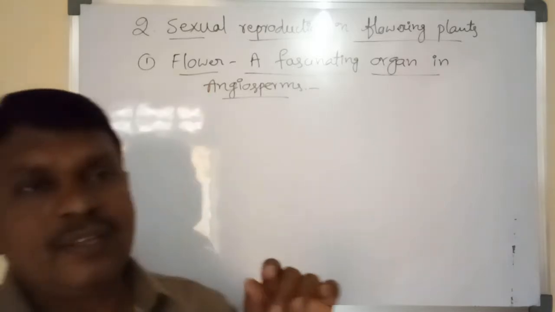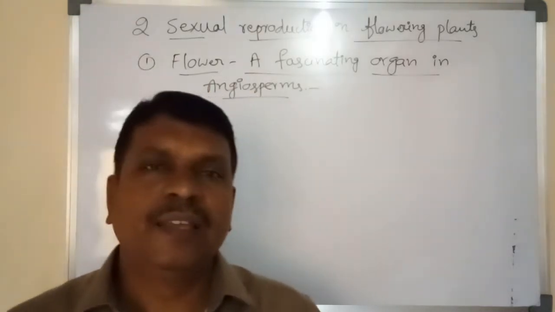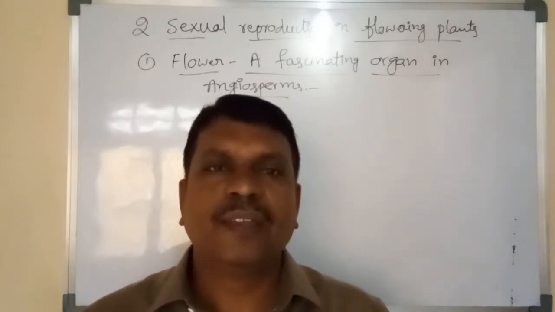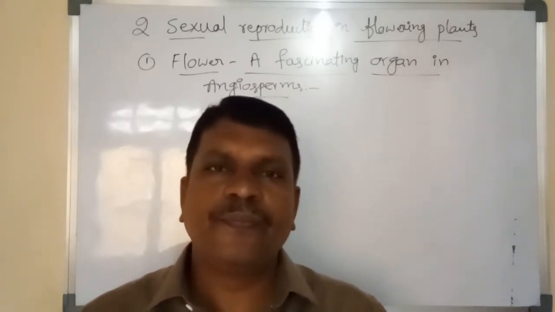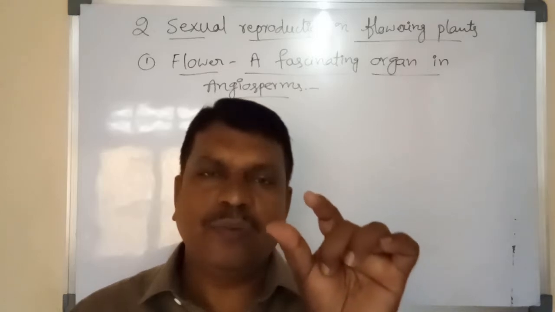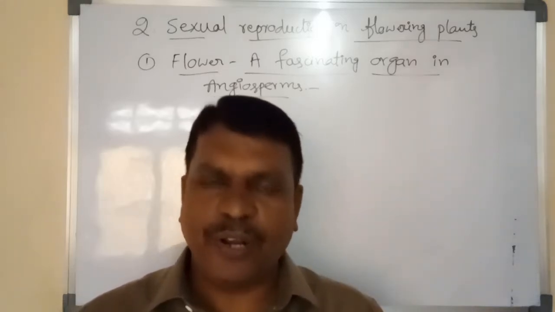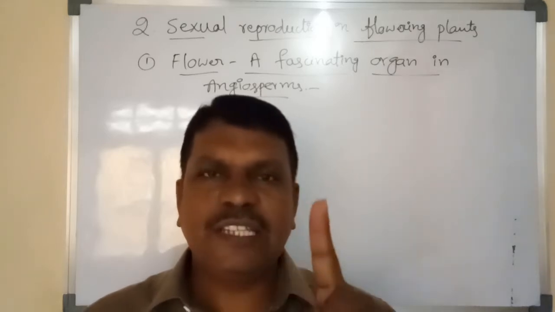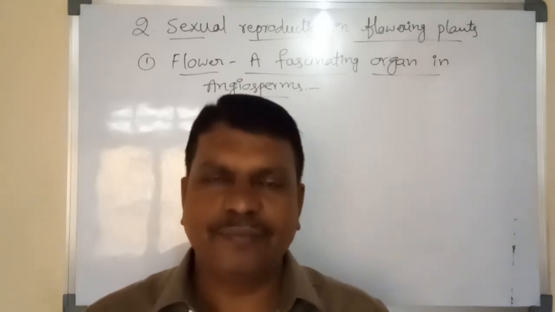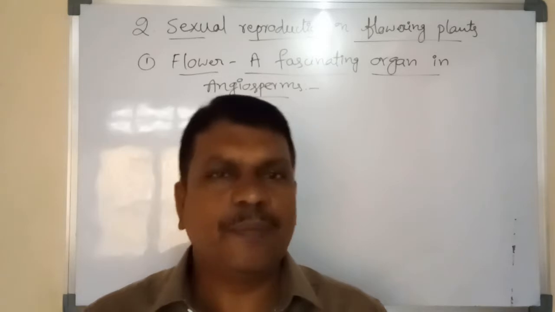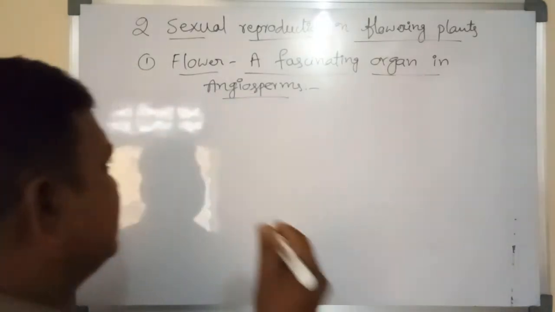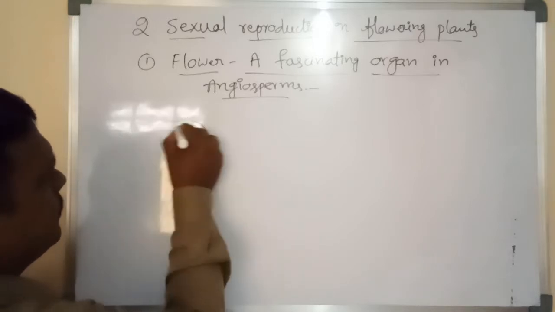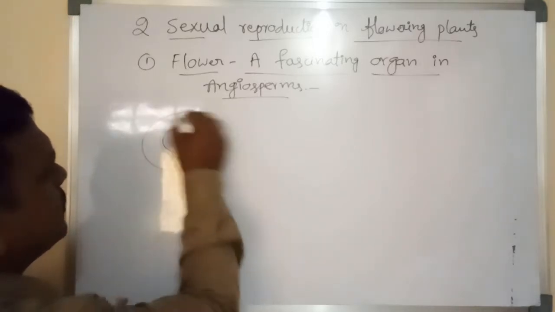First, flower. What is a flower? Sex organ. Flower is a modified shoot. Flower plays a crucial role in the sexual mode of reproduction. Flowers are broadly of two kinds: unisexual flower and bisexual flower. A unisexual flower has only three whorls.